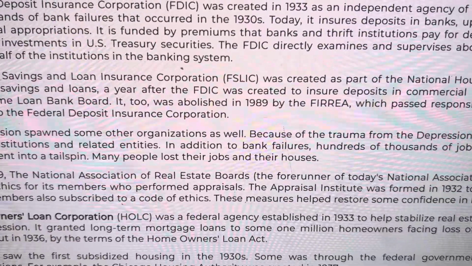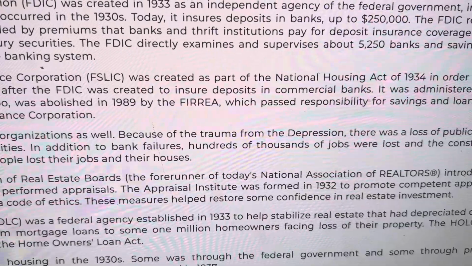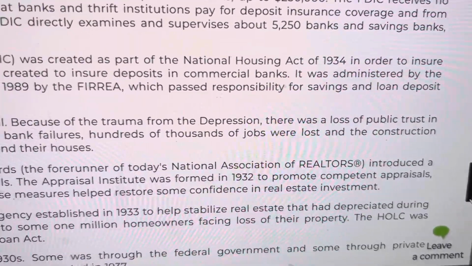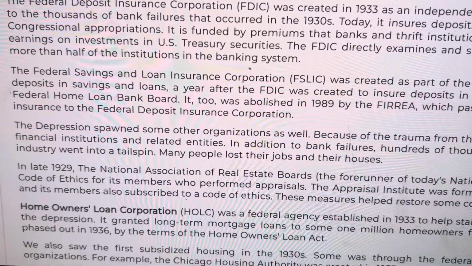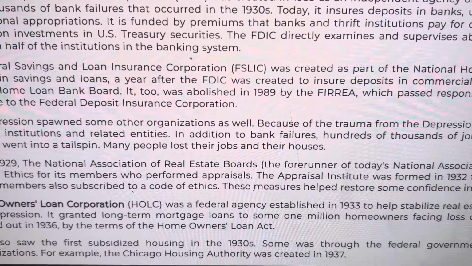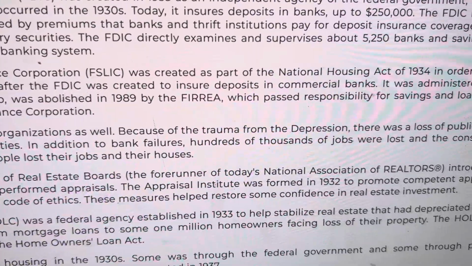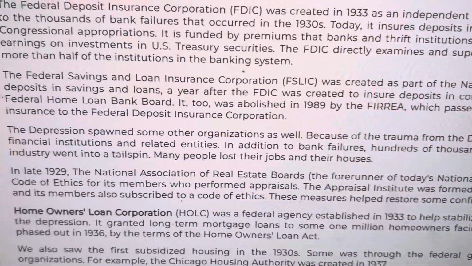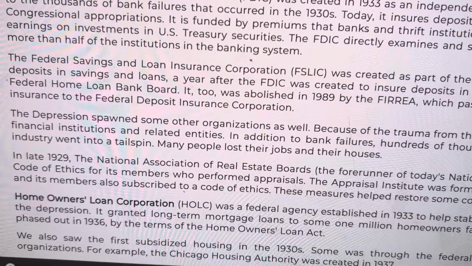A year after the FDIC was created to insure deposits in commercial banks, it was administered by the Federal Home Loan Bank Board. It too was abolished in 1989 by the FIRREA, which passed responsibility for savings and loan deposit insurance to the Federal Deposit Insurance Corporation.